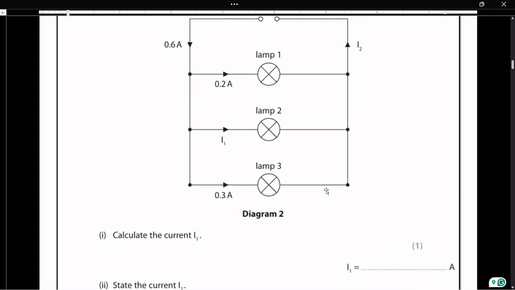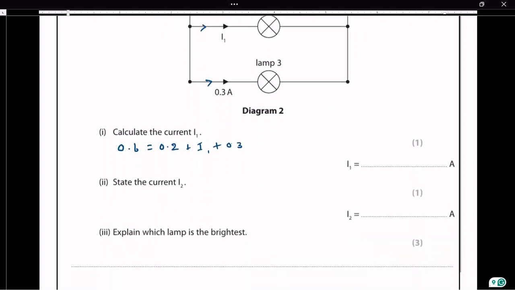As you see here, 0.6 ampere branches out into 0.2, then I1, and then 0.3. Therefore, when you add these 3 branch currents, you have to get it as 0.6. So we know that 0.6 is the sum of 0.2 plus I1 plus 0.3.